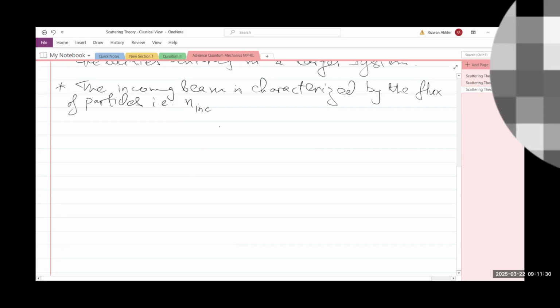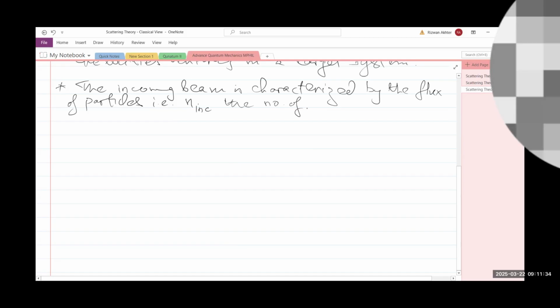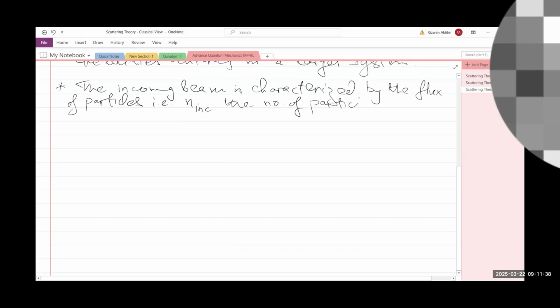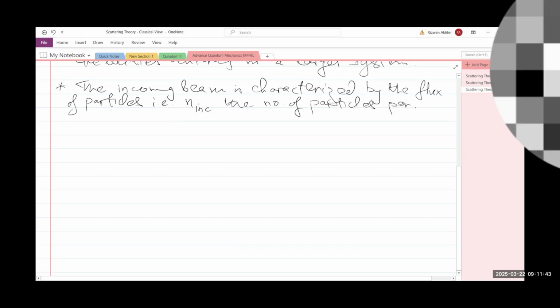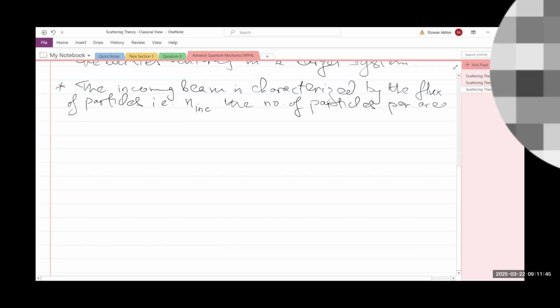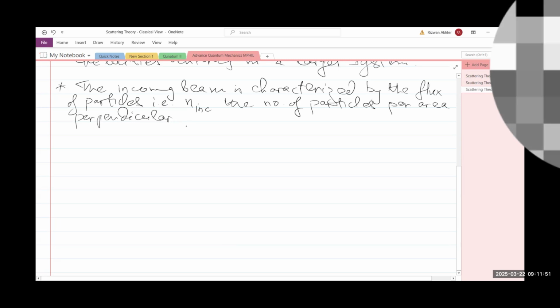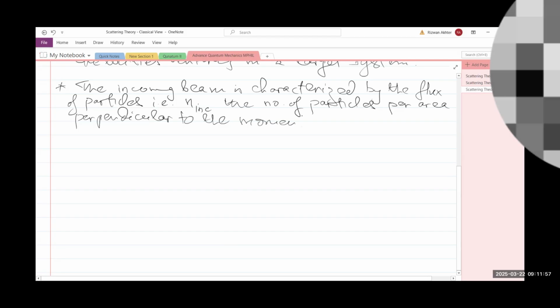That is the number of particles per area perpendicular to the momentum.